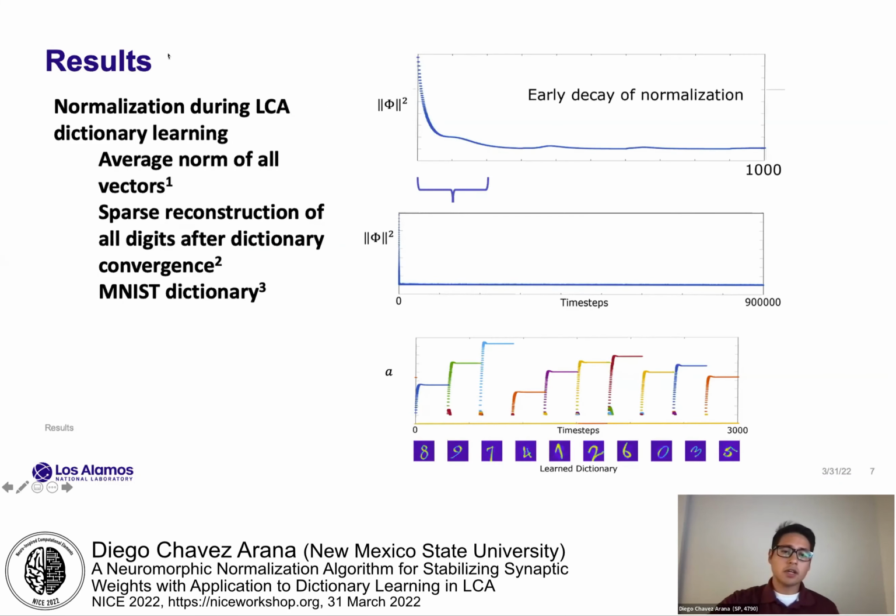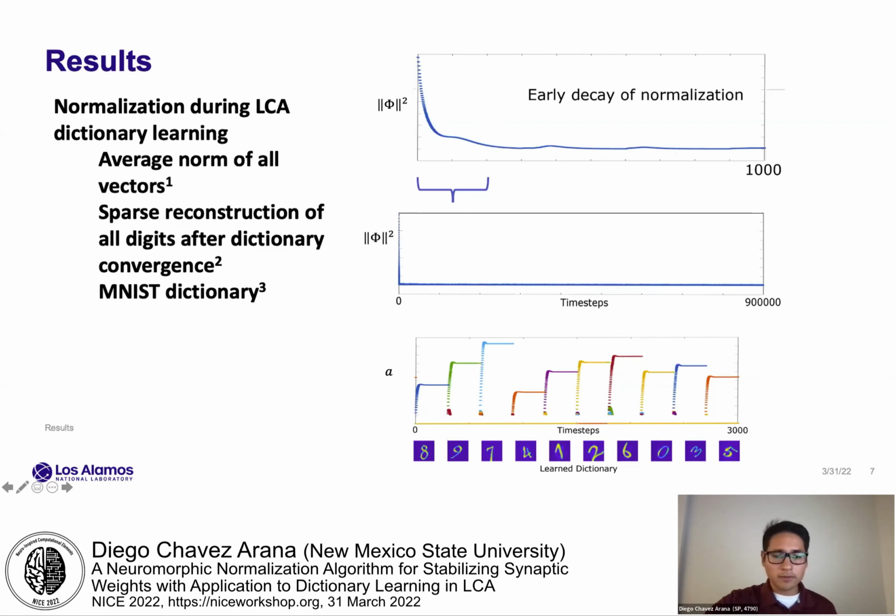On the results, we implemented this normalization circuit on LCA, the locally competitive algorithm. On the top panel, we demonstrate the normalization of the dictionary vectors of phi. As expected, we see the decay of the norm of the dictionary values through time, and we see how they decay asymptotically in the first 1,000 time steps.